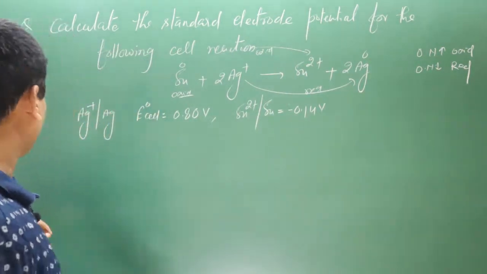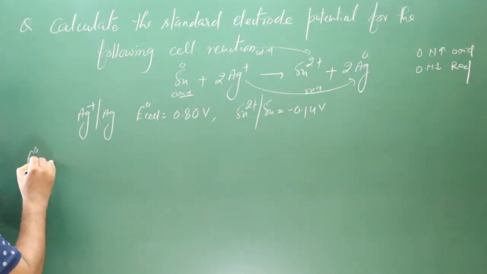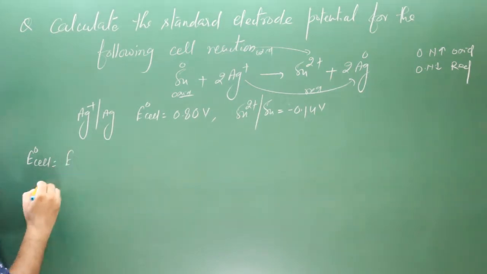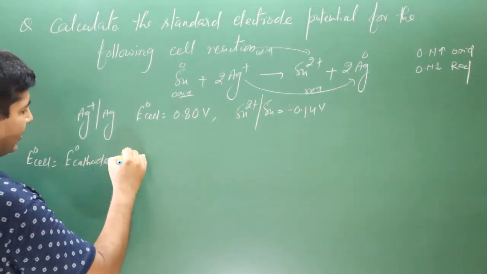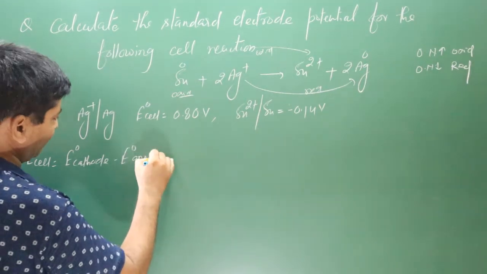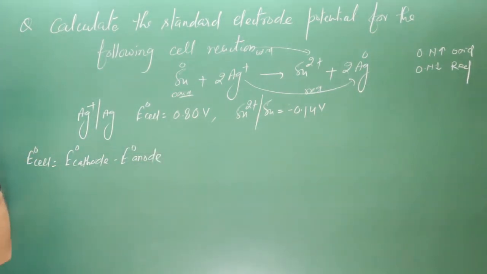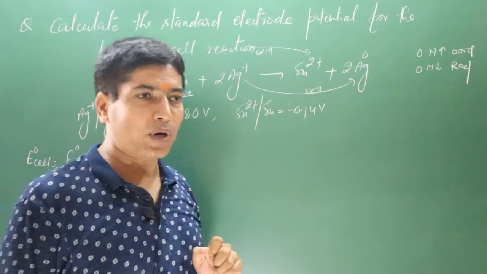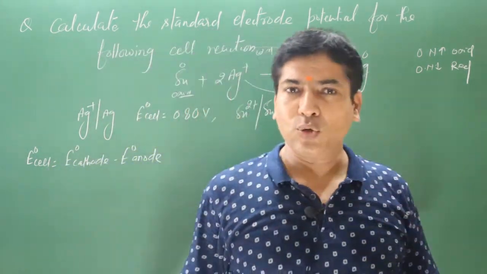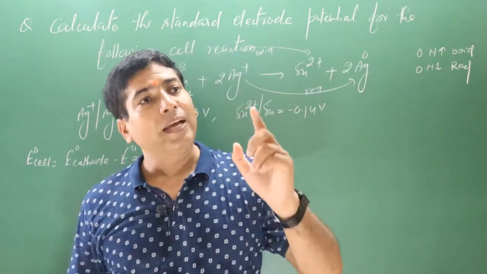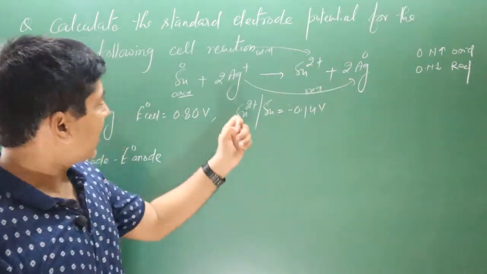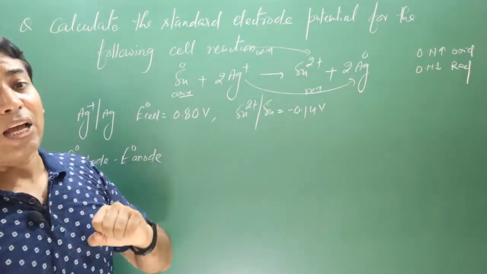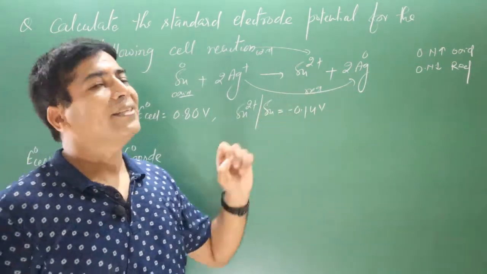The formula we have is E naught cell equals E naught cathode minus E naught anode. There are two electrodes in an electrolytic cell, one is cathode, another is anode. At the anode, oxidation reaction takes place, and at the cathode, reduction reaction takes place.